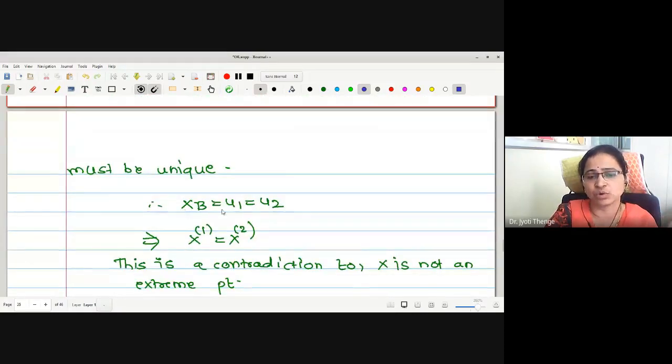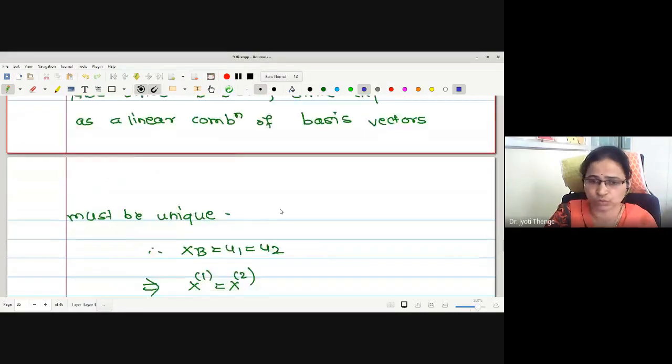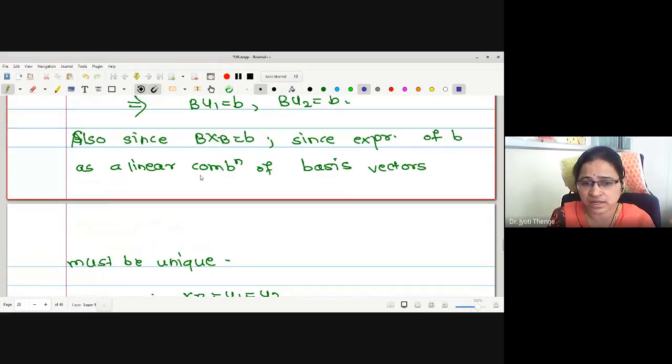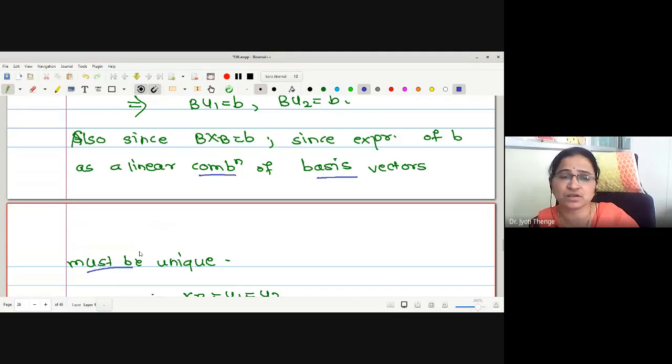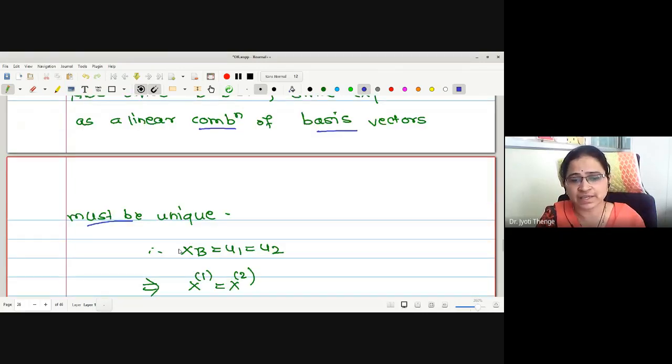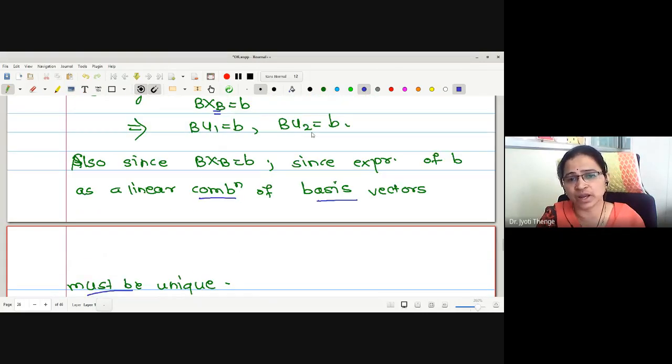Therefore, xb is equal to u1 is equal to u2. Why? Linear combination of basis vectors must be unique. In basis of linear space, we have studied these properties. Whenever we are writing a vector over the given field, the linear combination must be unique. Therefore, this xb must be equal to u1 and u2.